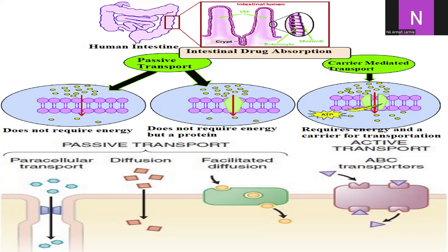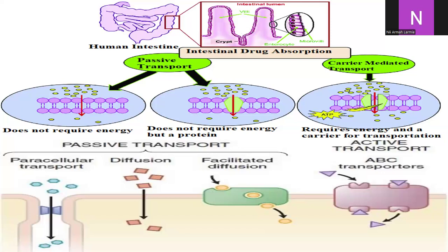Of course, by this knowledge, scientists also design drugs to have certain properties that will promote one form of transportation process over the other. Mostly, like we stated earlier, the passive transportation method is the preferred way.